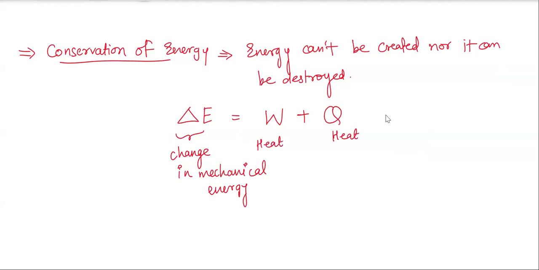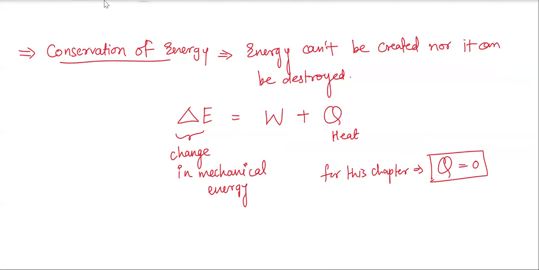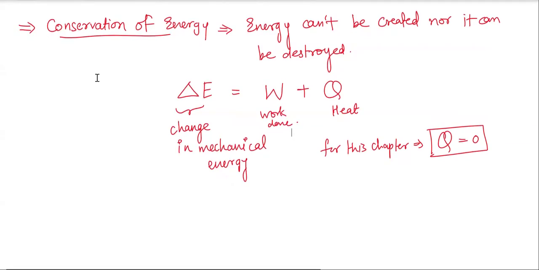But for most of the systems in this chapter, we are going to consider most of the problems with Q equal to 0. So no heat is dissipated, and this will be work done. Okay. So this is what the first law of thermodynamics and the law of conservation of energy suggests.